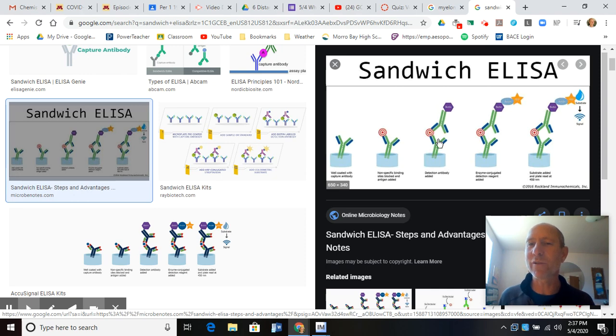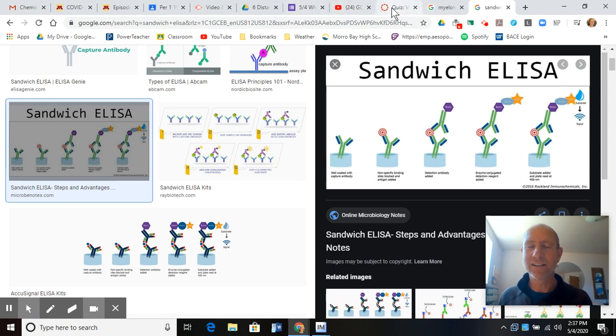It's antibodies for bread and an antigen for the peanut butter and jelly.